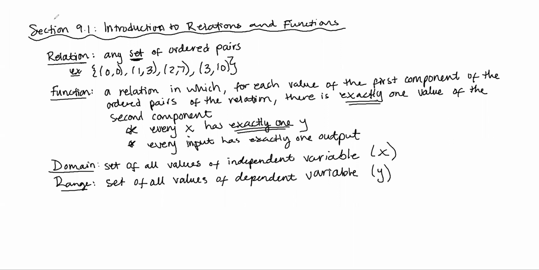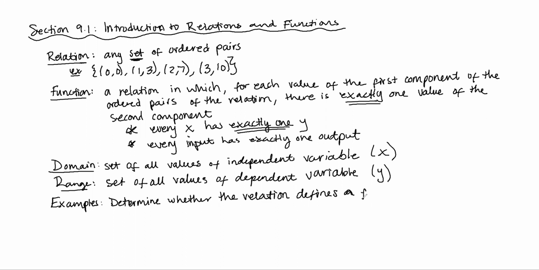But we are going to find domain and range for some sets of ordered pairs. So let's look at some examples. For these examples, we're told to determine whether the relation defines a function, because all of these we're going to look at are relations.